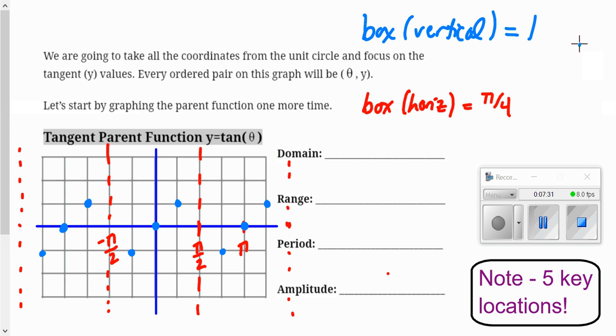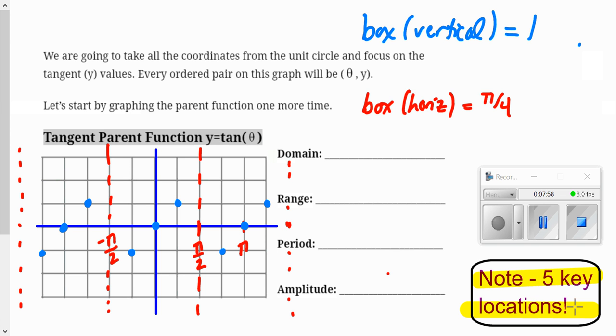So it looks like when I draw the tangent parent graph, I have 5 key locations. So just like with sine and cosine, you know how there were 5 points on each cycle? The tangent function also has 5 key locations. I wouldn't necessarily say points though, because 2 of the key locations are actually breaks in the graph, which is the opposite of having a point.